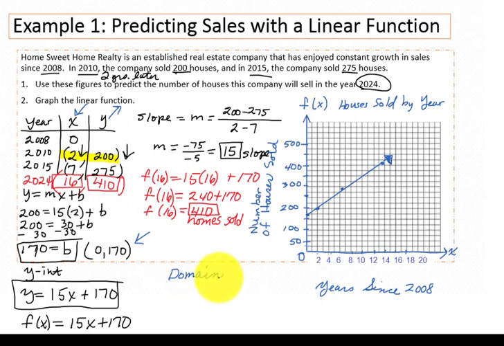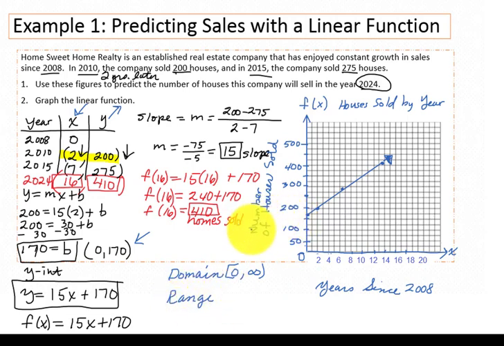The domain would be the input, or years since 2008. So the domain in this case went from 0 to infinity because we had an arrow at the right side of our line. So the domain would be from 0 to infinity, which really represents the year 2008 and into the future. The range is going to be the output.